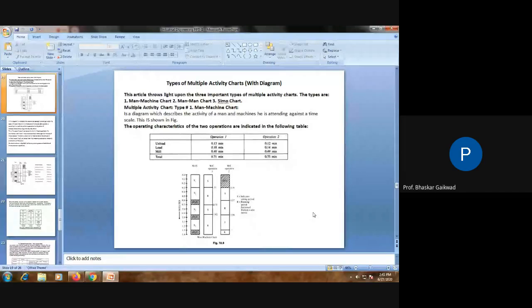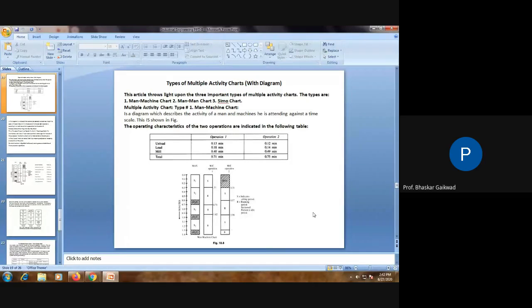The CMO chart we will see at the last in work measurement, because it is related to micro motions, and the first two charts are related to method study. So in these slides we will see only the man machine charts.